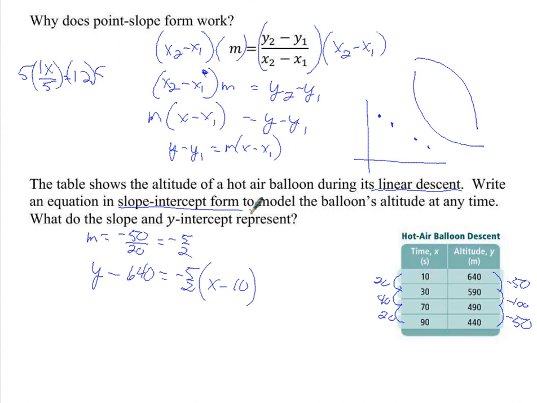They say in slope-intercept form, though, this is the equation for this hot air balloon, but they want it in slope-intercept form. So what do we do? Distribute. So I have y minus 640 equals negative 5 halves x plus 50 over 2. Well, what is 50 over 2? 25.